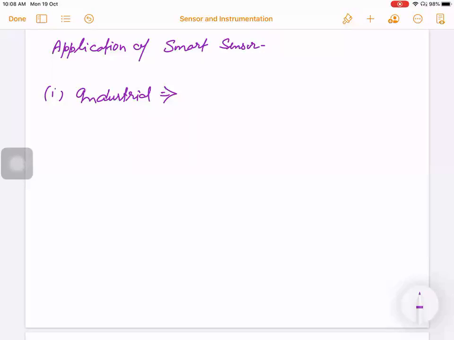Manually means आपको बार बार वहाँ पे मैनुअली जाके प्रेशर चेक करना है, टेम्परेचर चेक करना है. So rather than doing it manually, we use some sensors over there, and these sensors are smart sensors.